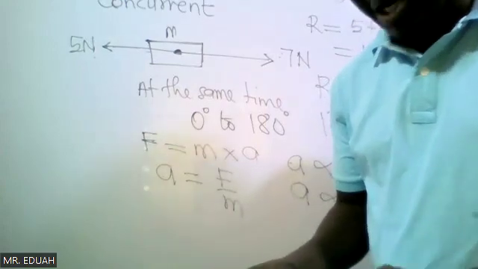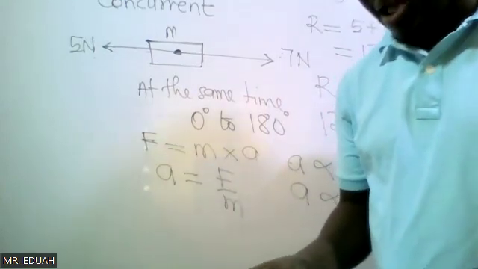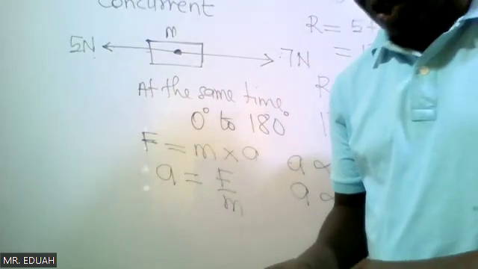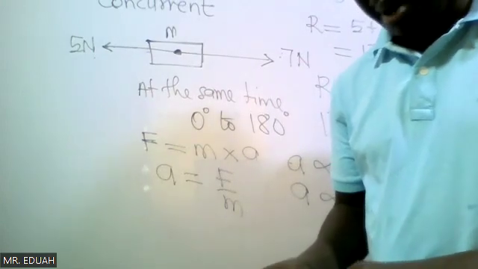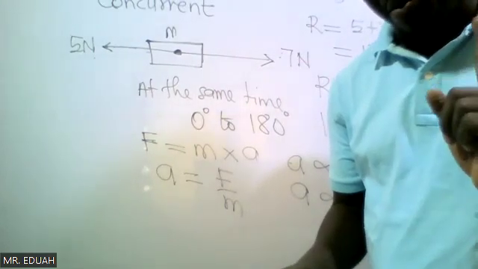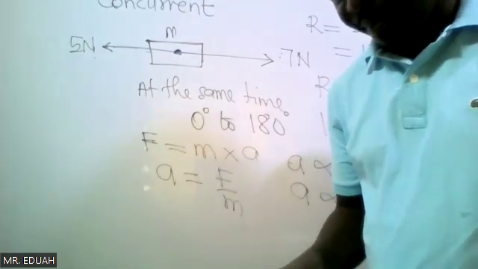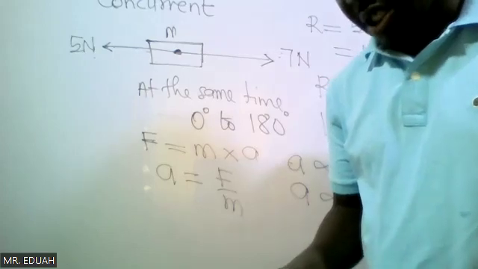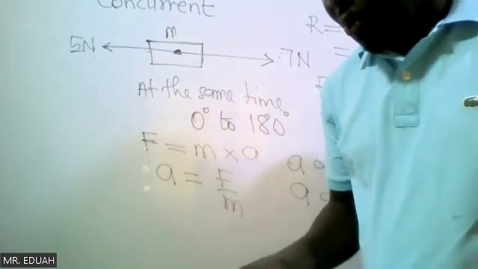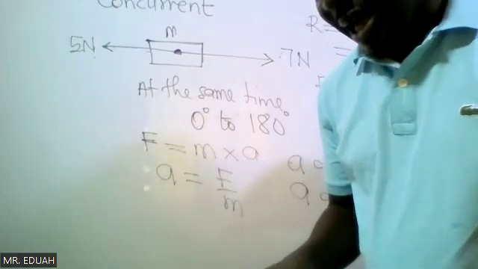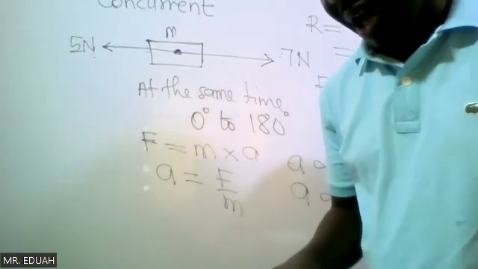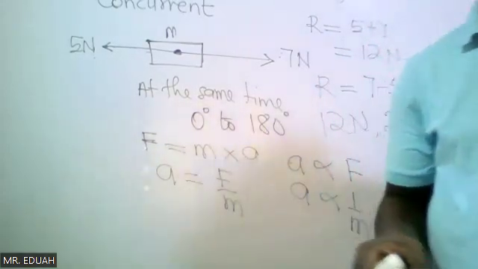Which top view diagram shows the forces producing the smallest magnitude of acceleration of the box?